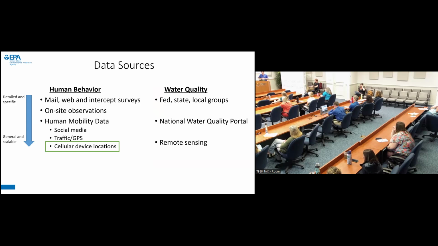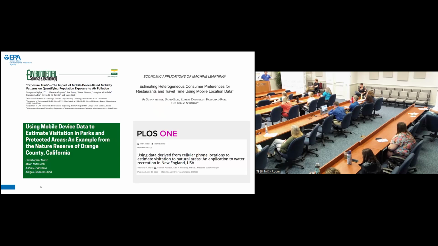That's really a combination of traffic sensors, social media, as well as cell device locational information, which is what I'm going to focus on. So cell phone data, mobile device data.